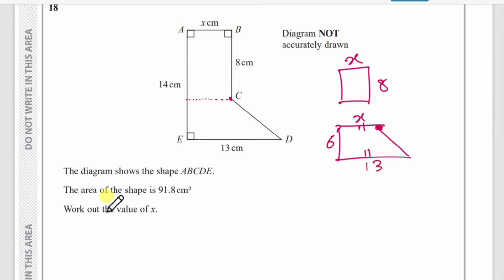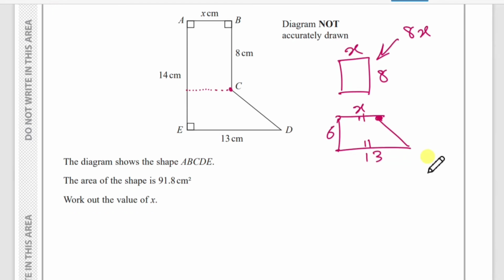Now, if you add both of these areas, it is 91.8. So first, what is the area of each shape? The area of a rectangle is just 8 times x, so the area of this shape is 8x. Now the area of the trapezium: we're given the formula in the formula booklet, but I like to use this one.